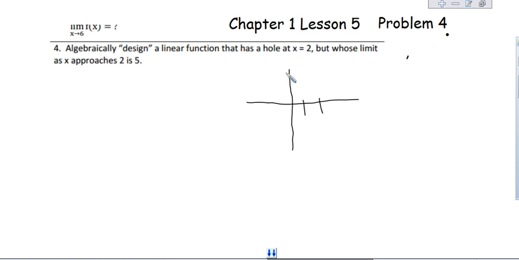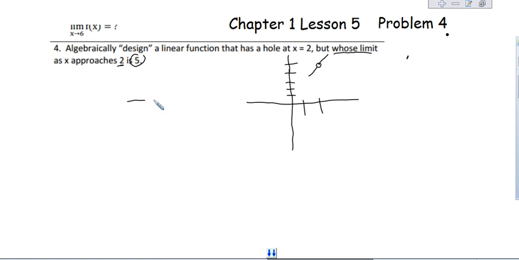So what else is important to know here? The limit as x approaches 2 is equal to 5, so we're going to have to come up the y-axis, and we're going to have an open circle right here. So it has to equal 5 right there. So we might have a linear equation that looks like this and like so.